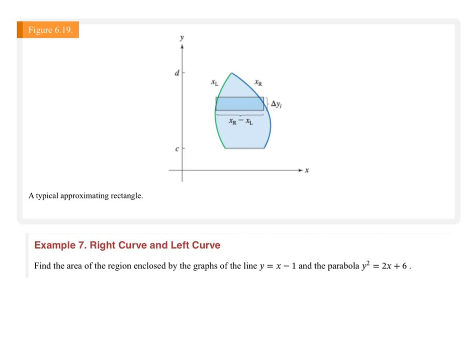Okay, let's try. Example 7. It says, find the area of the region enclosed by the graphs of the line y equals x minus 1 and y squared equals 2x plus 6. The first thing we want to do here is graph them, and then you'll understand why it's easier to go the other way.